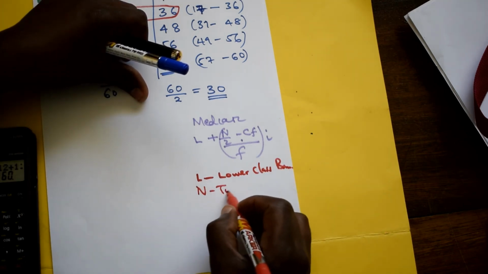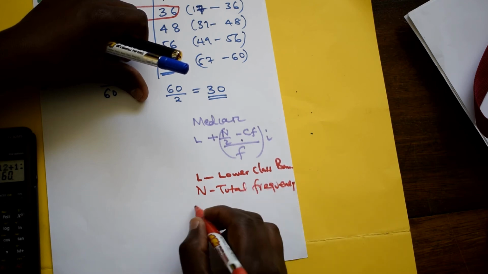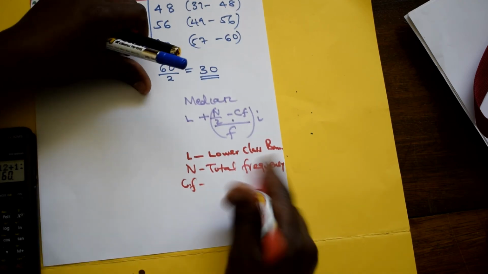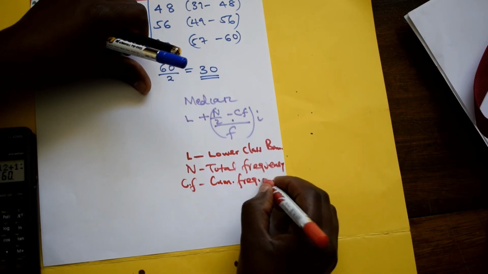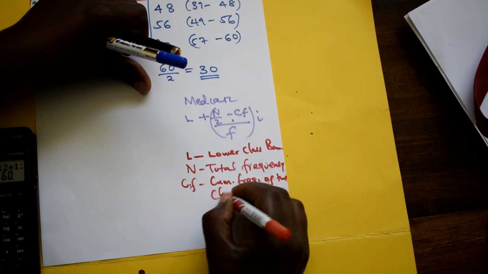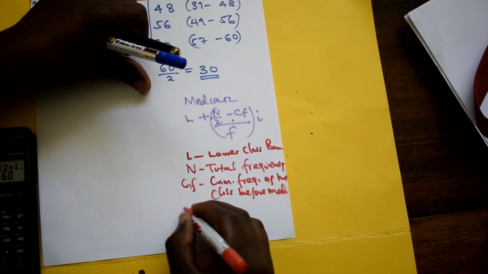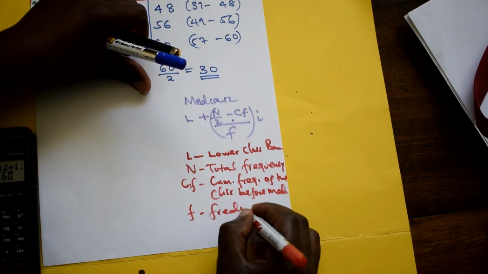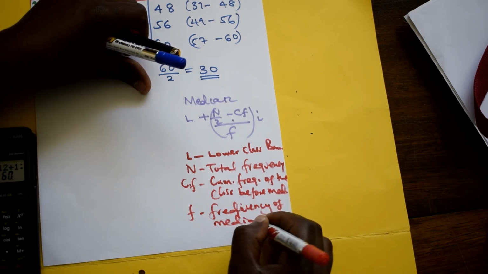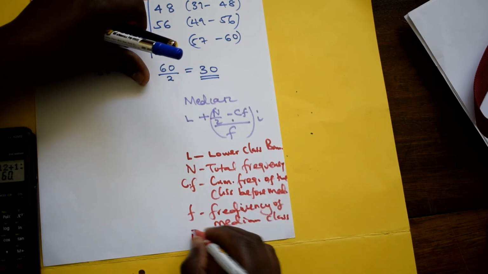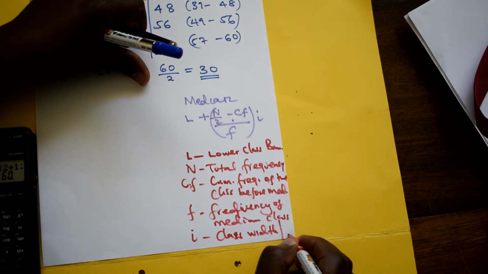N is the total frequency. CF is the cumulative frequency of the class before the median class. Then f is the frequency of the median class, and i is the class width, which we call the class interval.